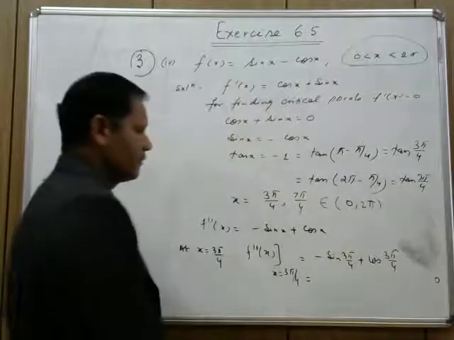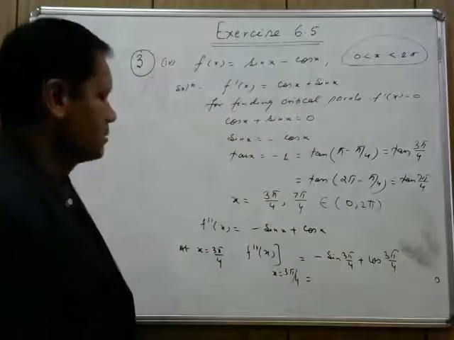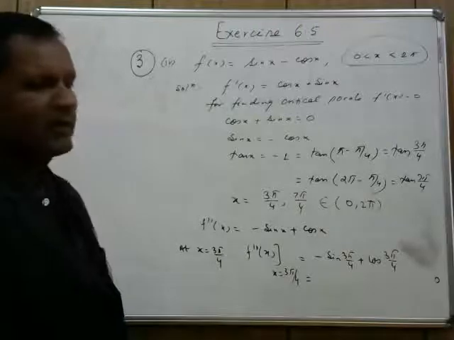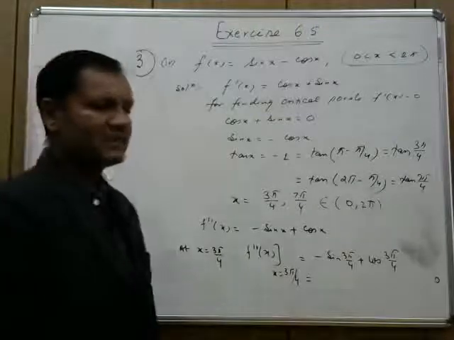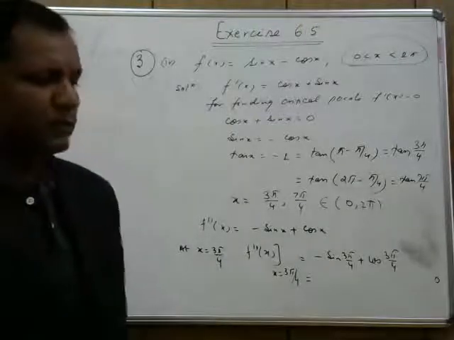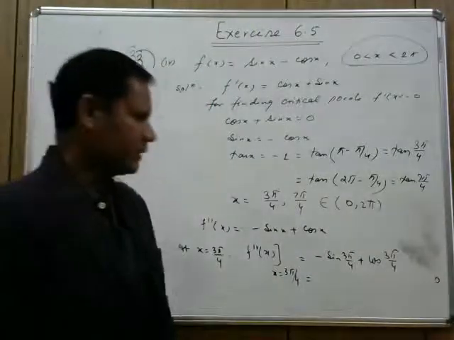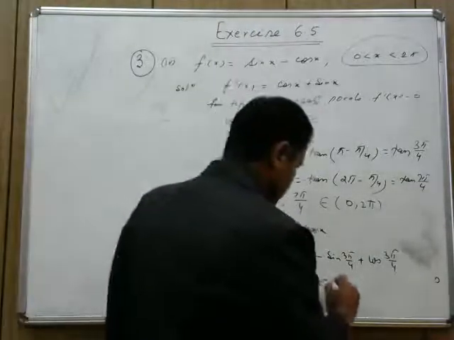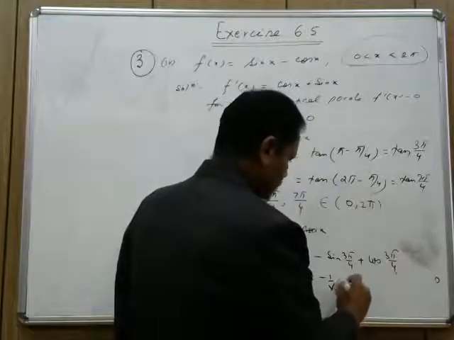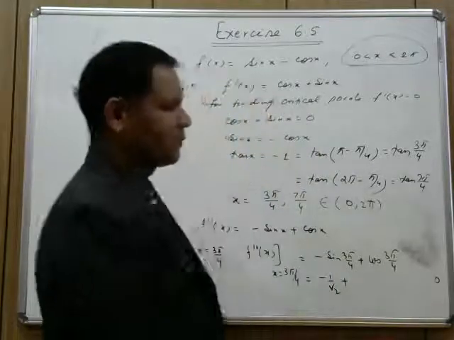Now minus sin 3 pi by 4, can I write minus sin pi minus pi by 4, and then sin pi minus pi by 4, sin in the second quadrant is positive. That's why here we will have minus 1 by root 2 plus cos 3 pi by 4.